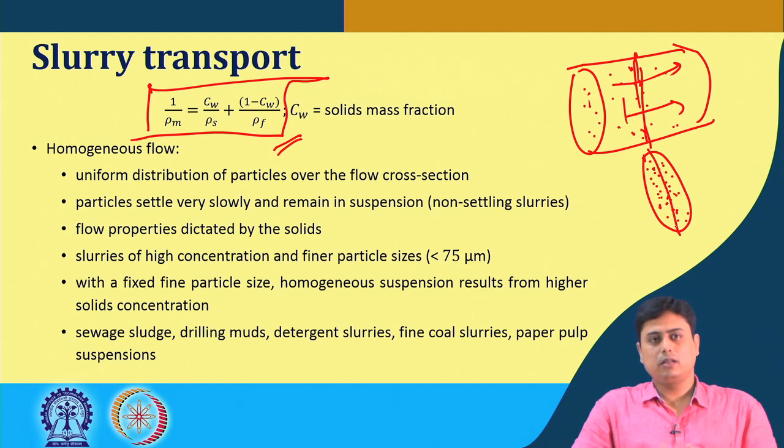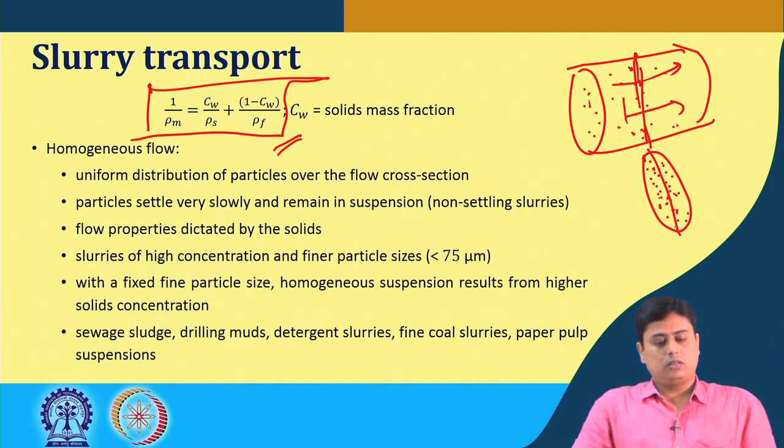That means in the flow path, it is not settling. The flow properties in this case are basically dictated by the solids. Its rheological properties are dictated by the concentration or the type of the solids.